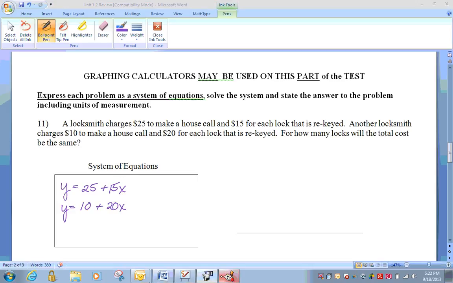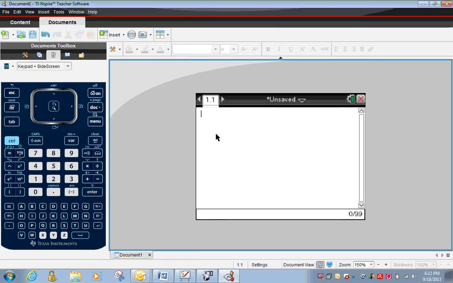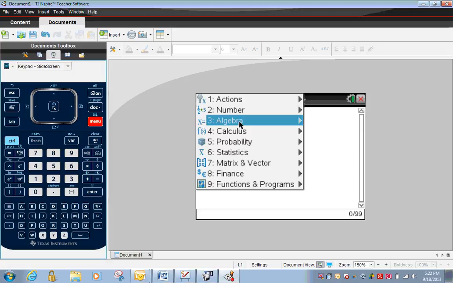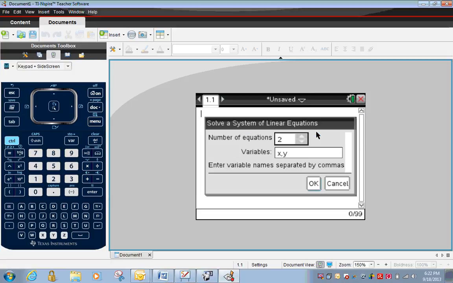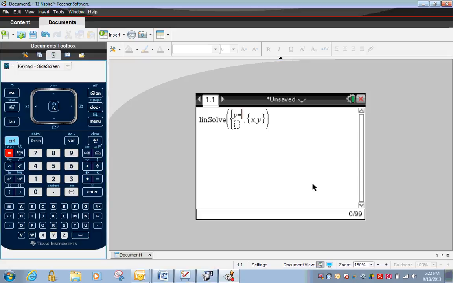Now you can go into your calculator and you can go into a calculator page, hit menu, algebra, solve systems of equations. There's two equations that we're dealing with, and the variables are x and y. So we're going to hit OK. The first equation was y equals 25 plus 15x.